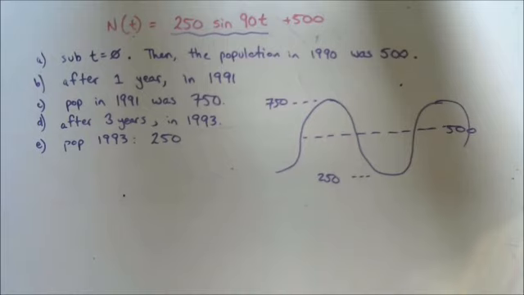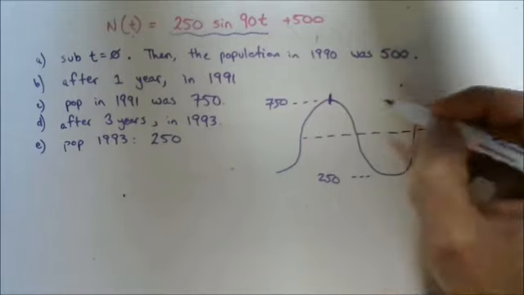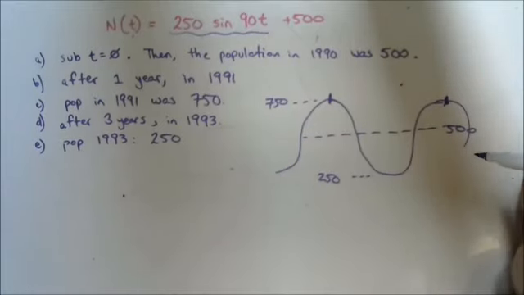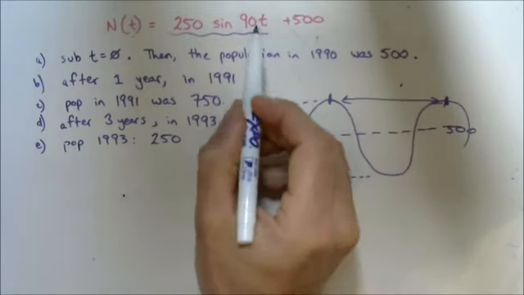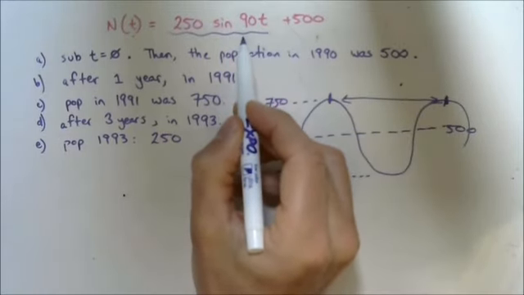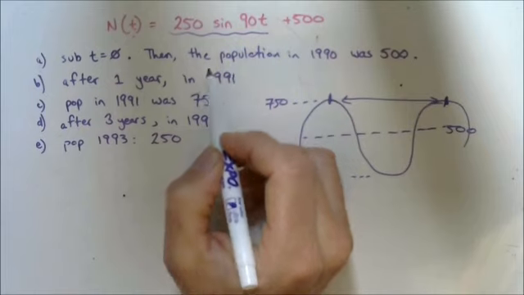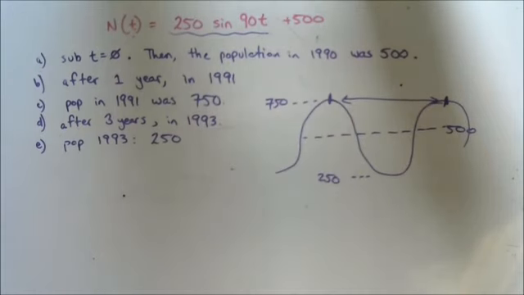F, how many years passed between maximum populations? So how many years passed from here to here, which is essentially just asking what's the period length here. We could get that from our equation, or you can use your graph that you have there.